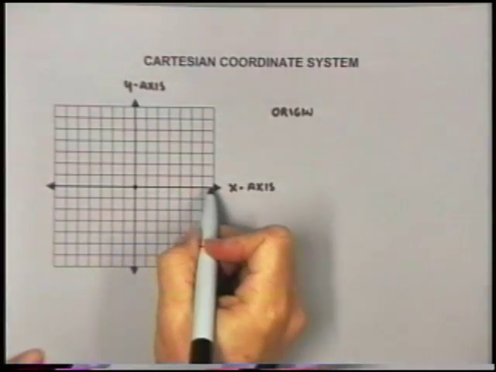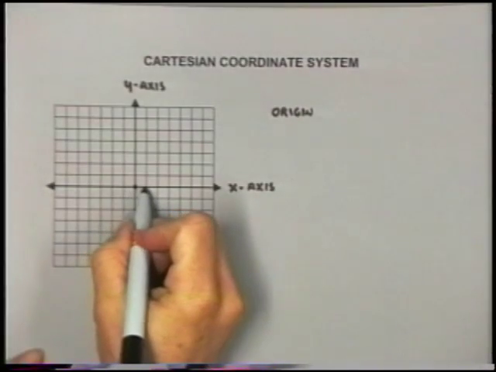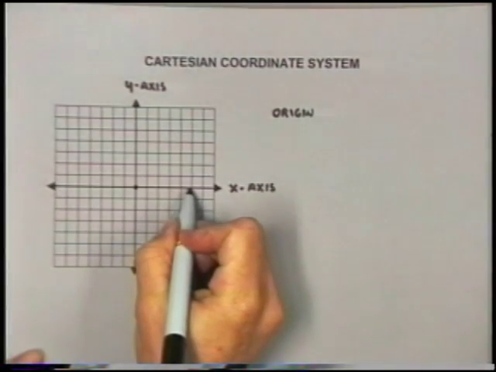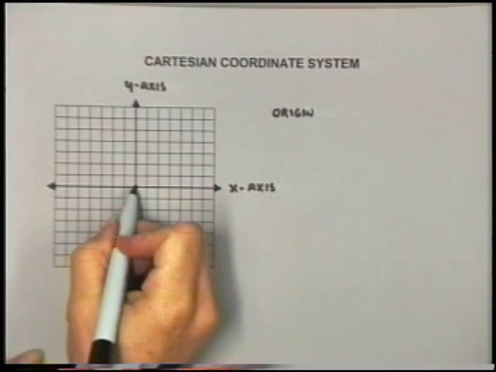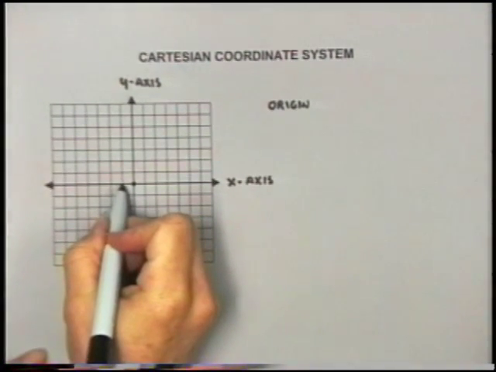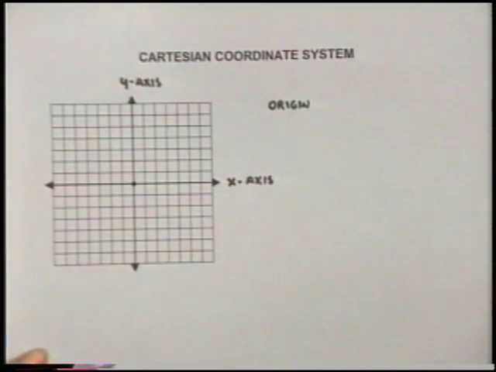Numbers to the right of this 0 point will be positive. So from the origin, if I go in this direction, this would represent 1, 2, 3, 4, and 5 on my number line, and so on. From this origin to the left would be our negative numbers, -1, -2, -3, and so on.